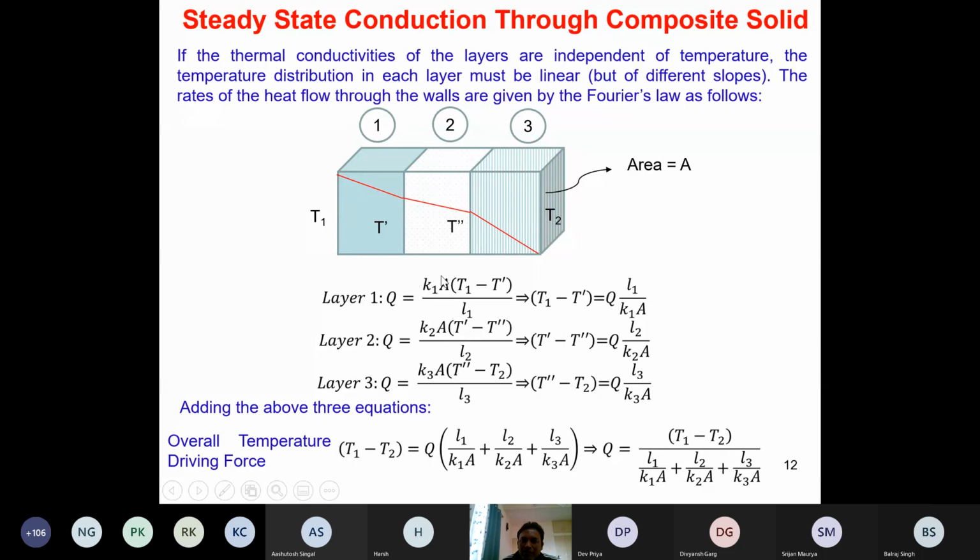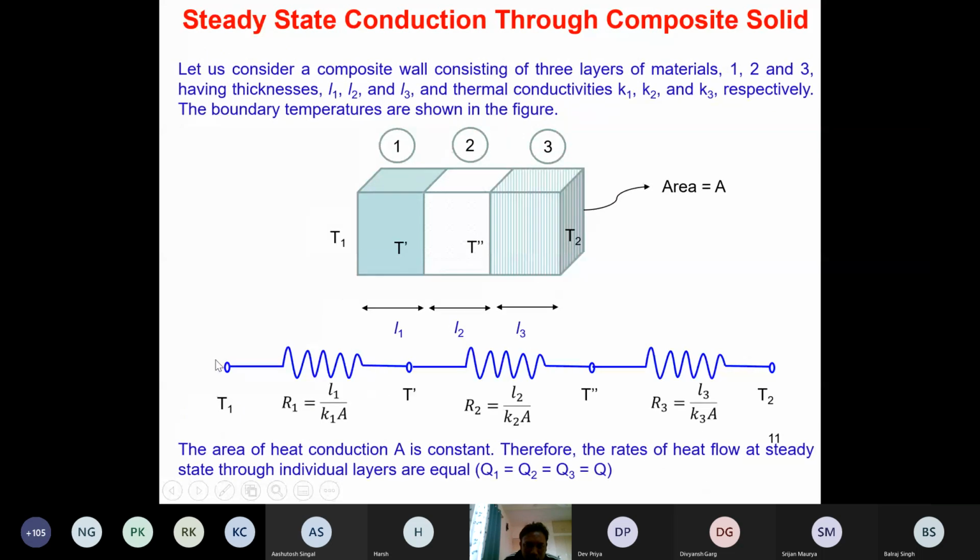L1 divided by K1A is the resistance for slab 1. Similarly, the resistance for slab 2 is L2 divided by K2A, and for the third slab it is L3 divided by K3A. All three resistances are additive, and this is represented as a current flow diagram, as you can see here.